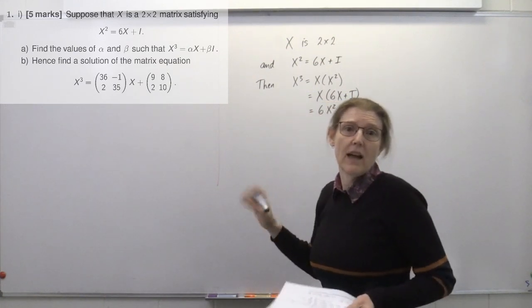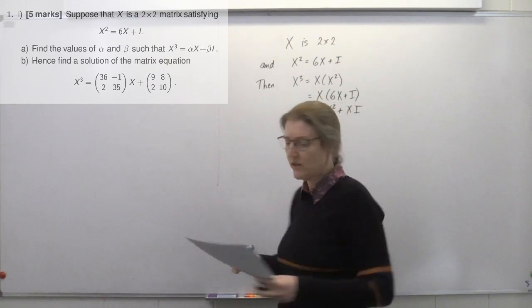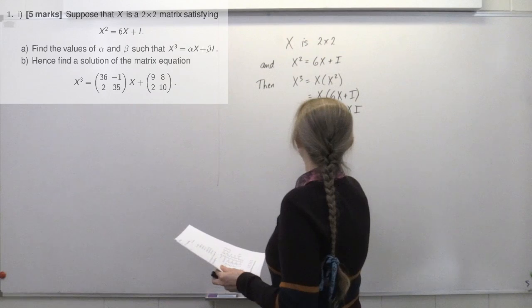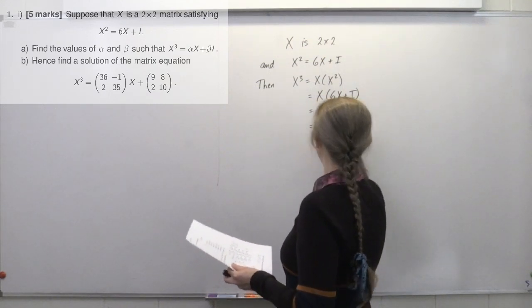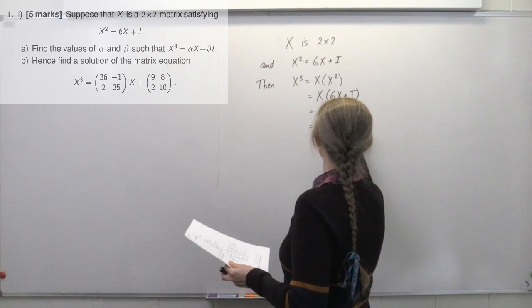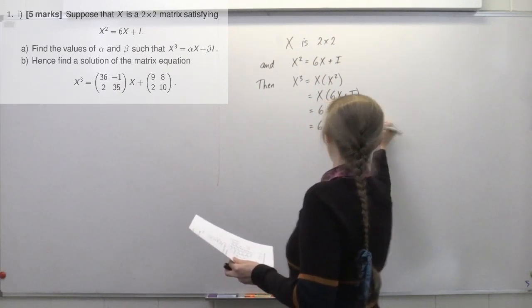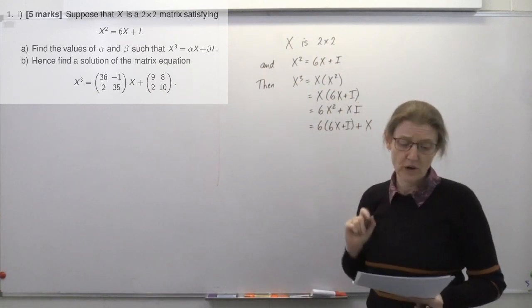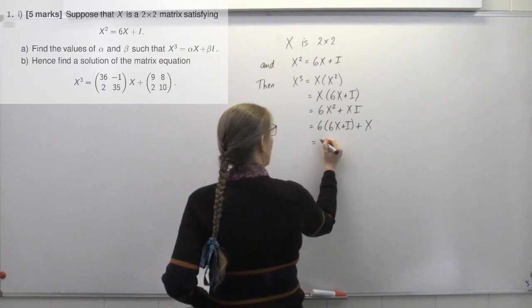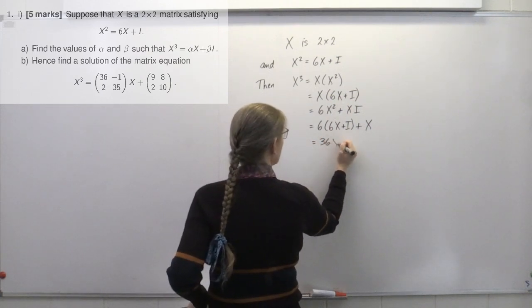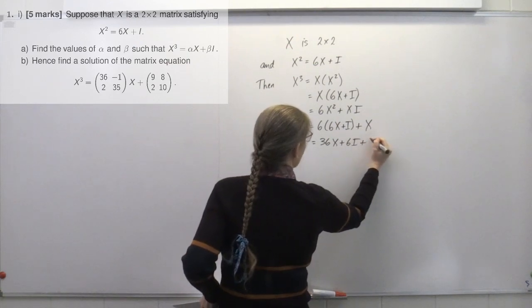All right, now xI, anything times the identity matrix, is of course the thing itself. So we're going to do two things in this next line. We have 6, and instead of x squared, we're actually going to use that definition 6x plus I. And of course, xI just becomes x. So now we can just multiply out. Scalar multiplication, 36x plus 6I plus x.